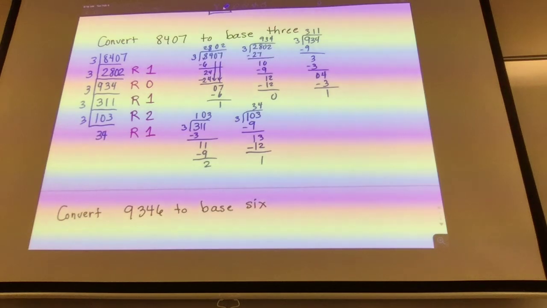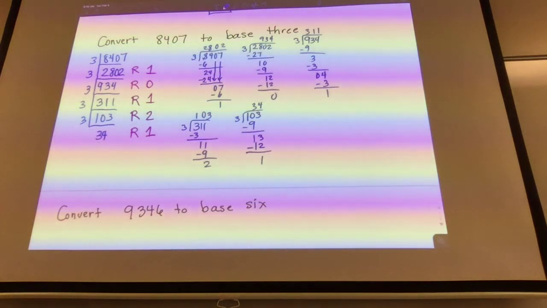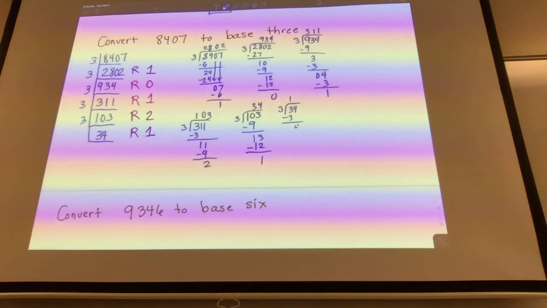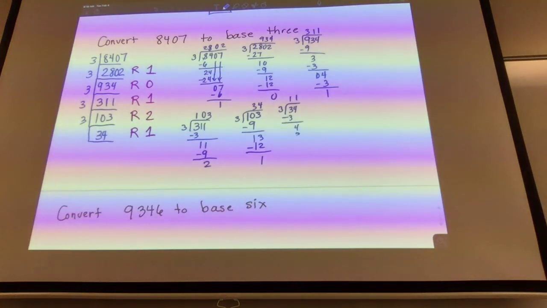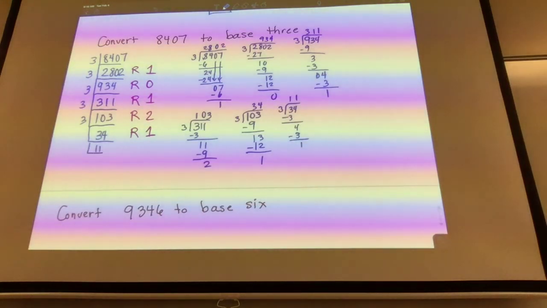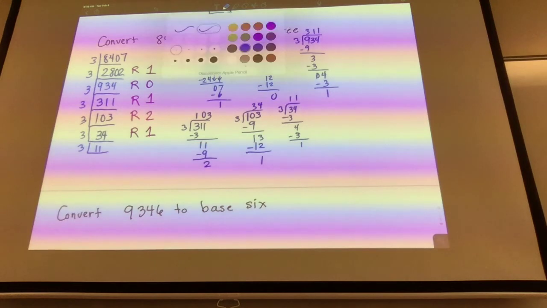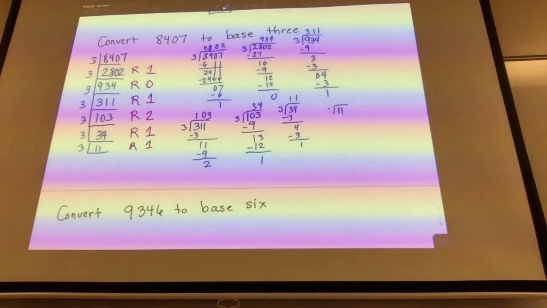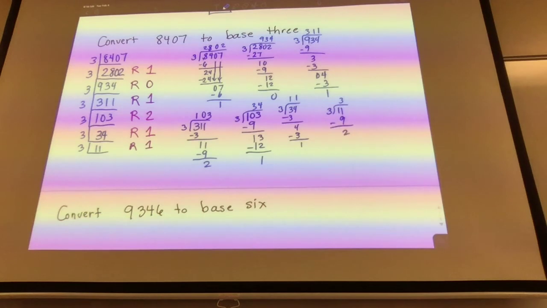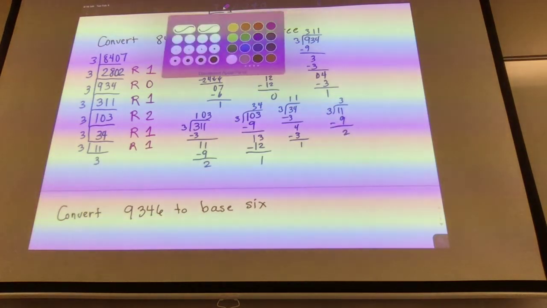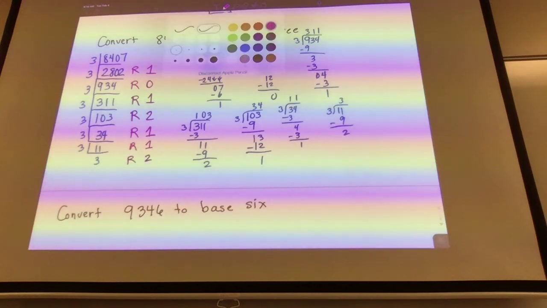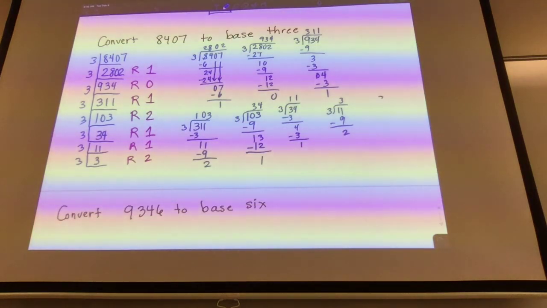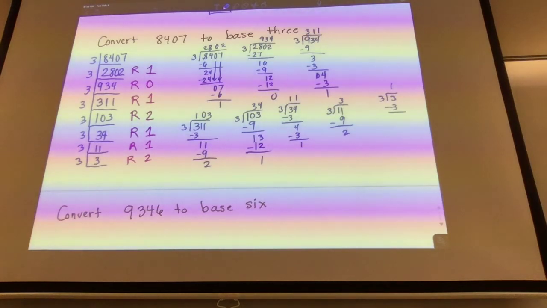Need to write smaller. So 11. 3, remainder 2. 1, remainder 0.